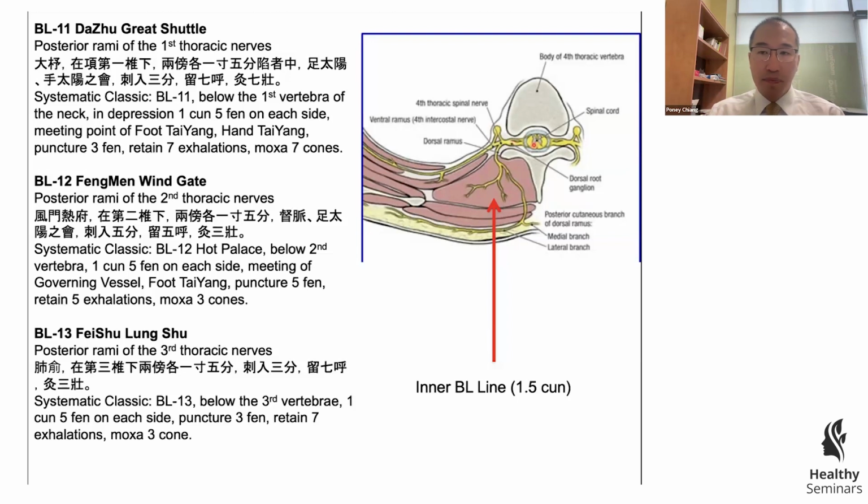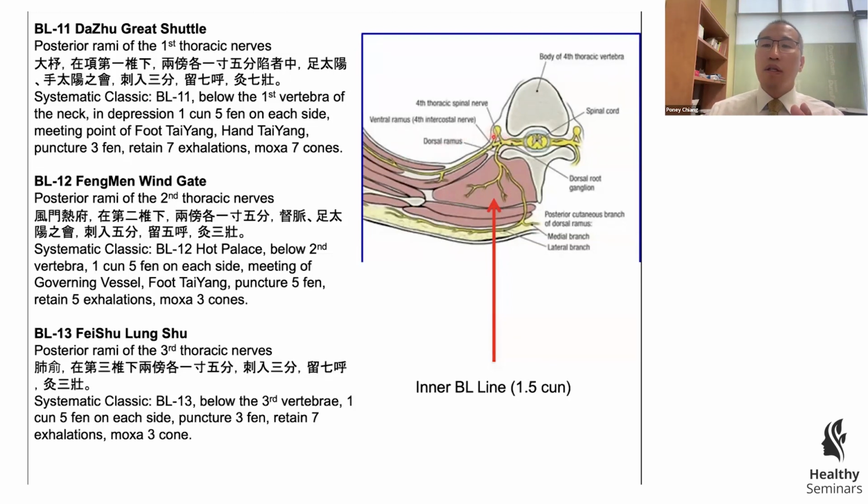From the spinal cord, which runs in a north and south kind of way, in between every vertebral segment, there are nerves that come out laterally, and these nerves are called spinal nerves. And the spinal nerves would then divide or ramify into three sections, called trifurcation.